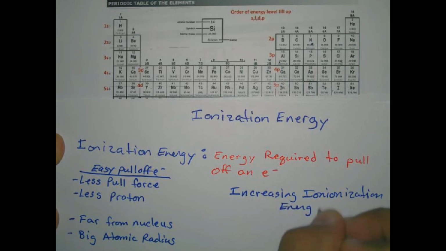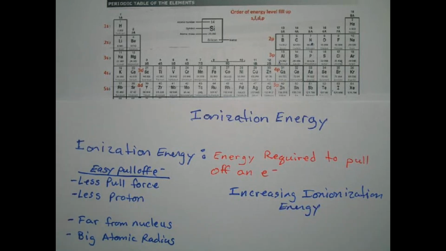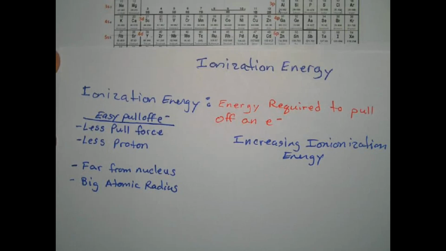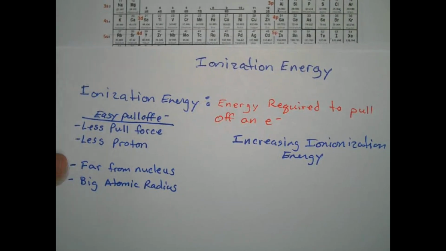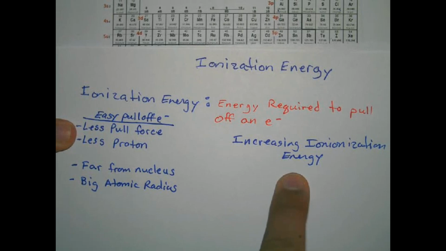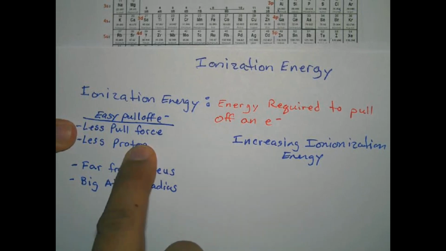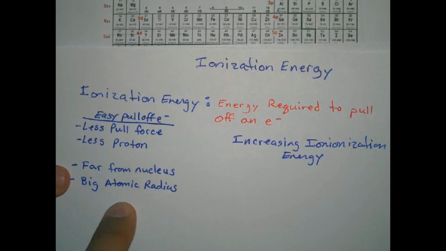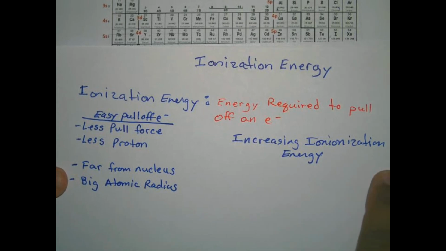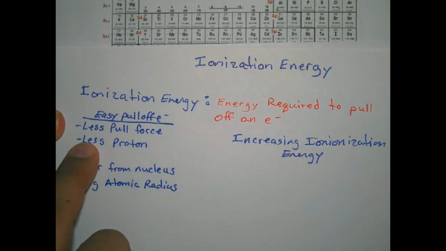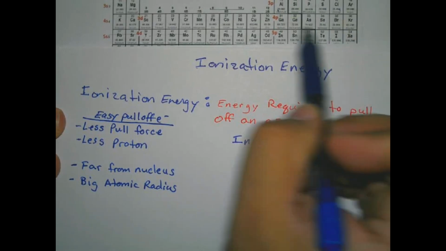So I want you to just remember one type of trend, increasing ionization energy, which means if this makes it easier over here, what would make it harder to pull off an electron? Well, that means more protons, more pull force. A smaller radius, since a bigger radius makes it easier, right? So to create the trend for ionization energy, if less protons, remember, to get less protons, we got to go this way on the periodic table, right?